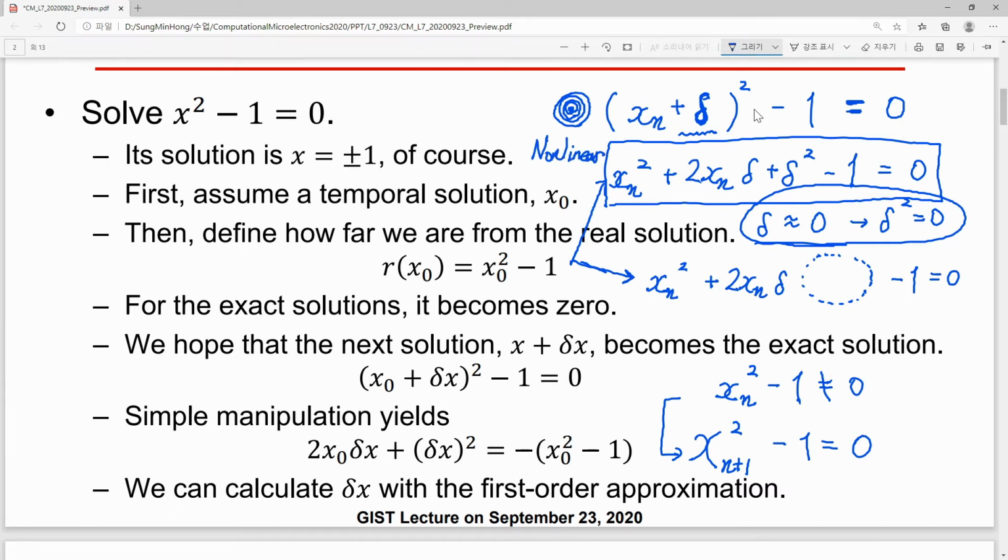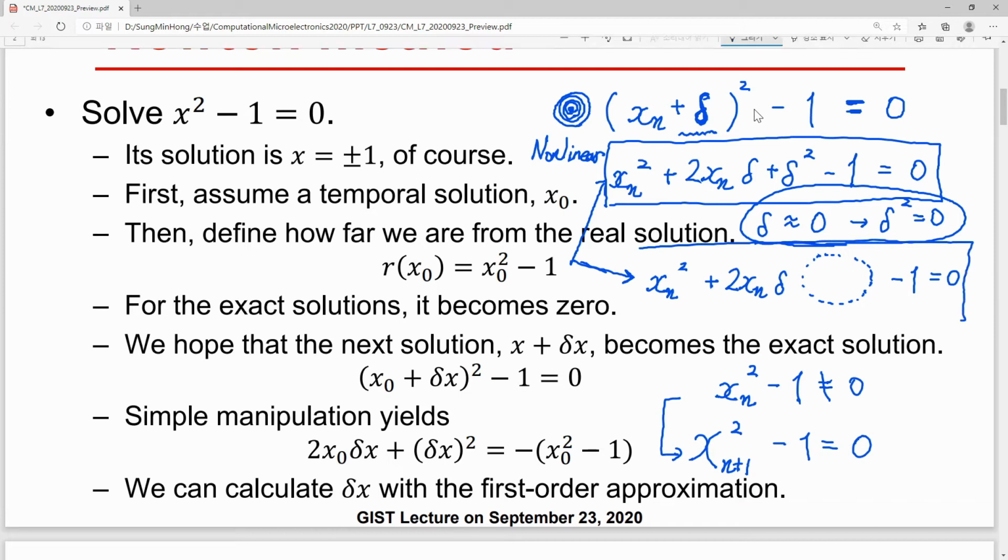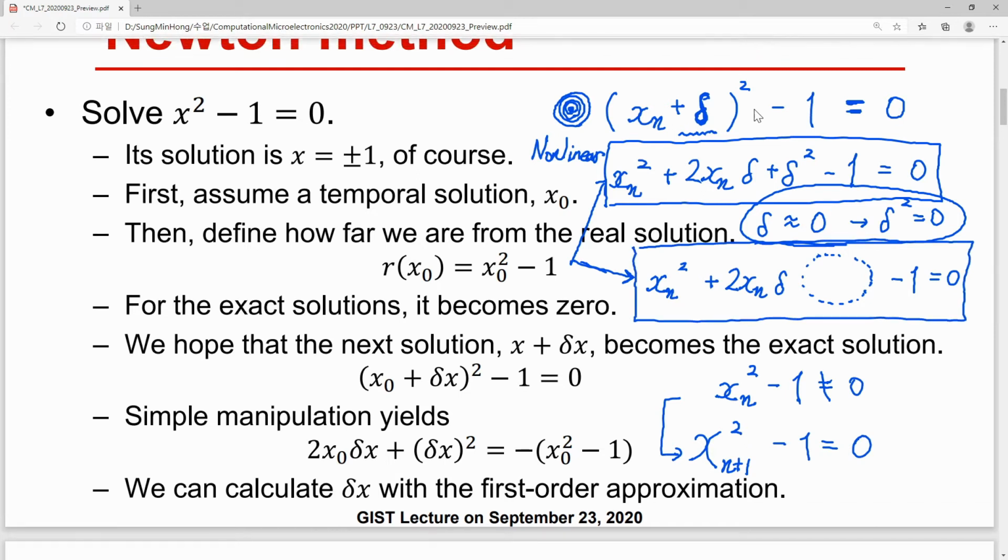And fortunately, this one is linear only because we have made a linearization. So what is the consequence of this linear and nonlinear difference?